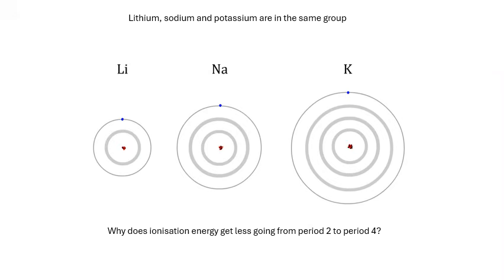Why is it going to be easier to take away the sodium than the lithium? Okay, and you see that the shells act as shielding for this electrostatic force. They make it weaker. And also the atoms are bigger, so the distance from the nucleus is bigger.